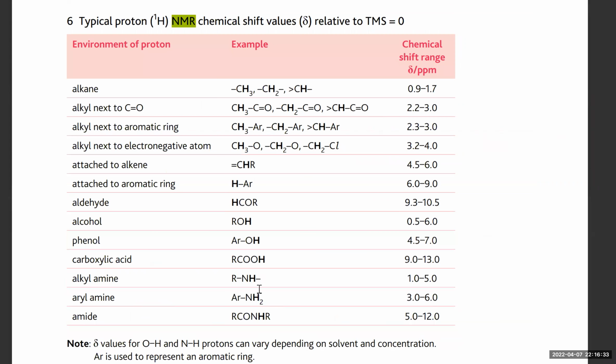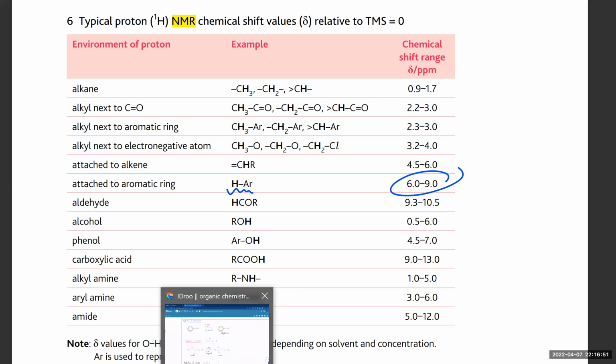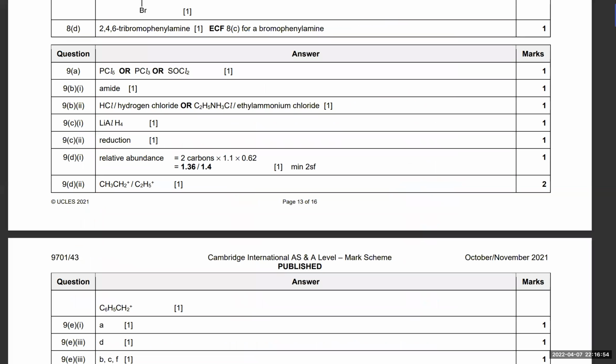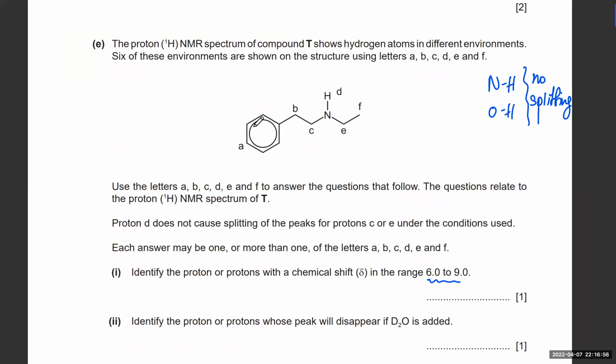This one, 6 to 9. This range is a hydrogen proton attached to the aromatic ring on the benzene ring. So that will resonate at a chemical shift of 6 to 9. Which one is this? That's A, right? Is that clear?